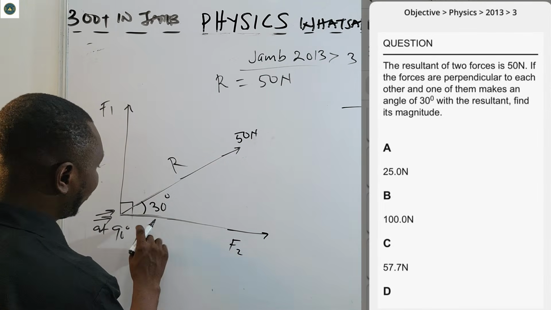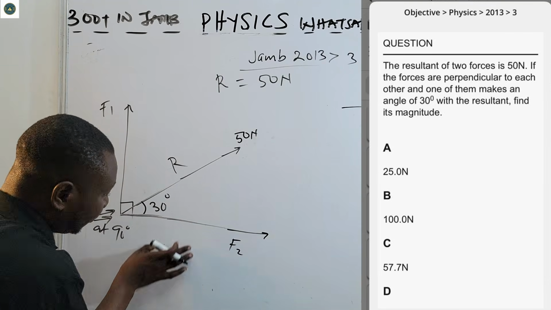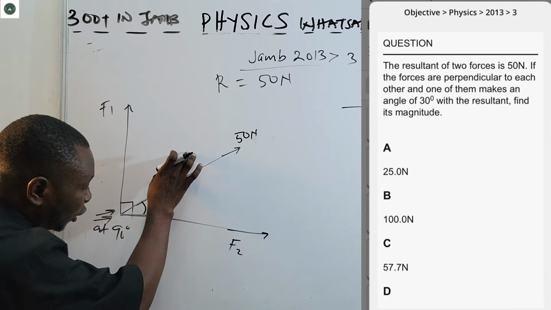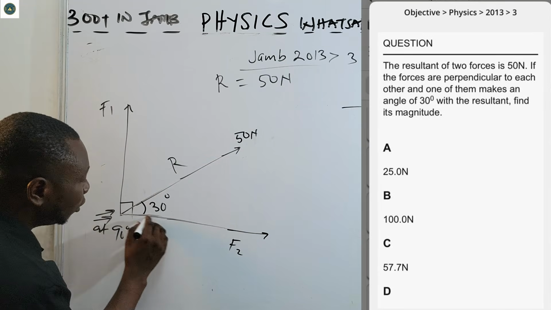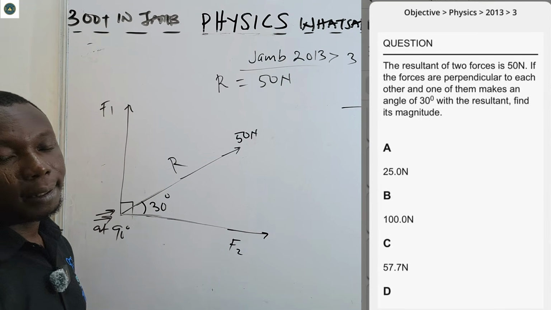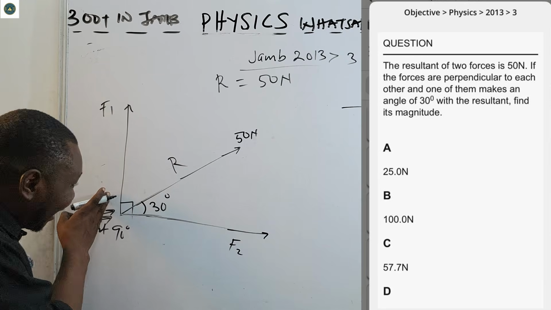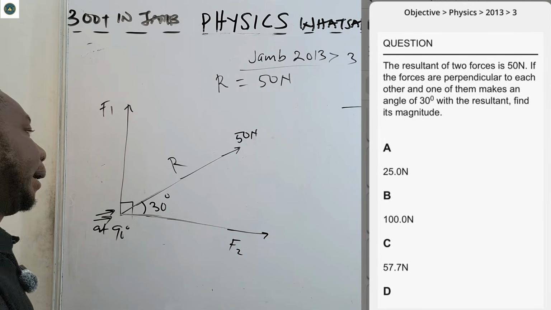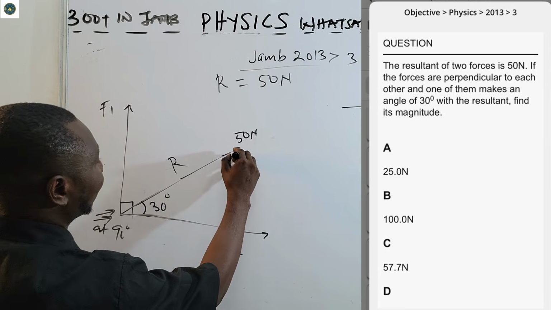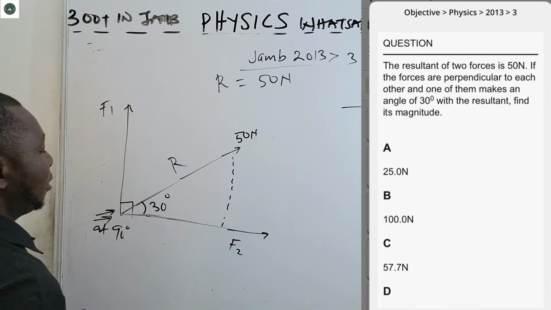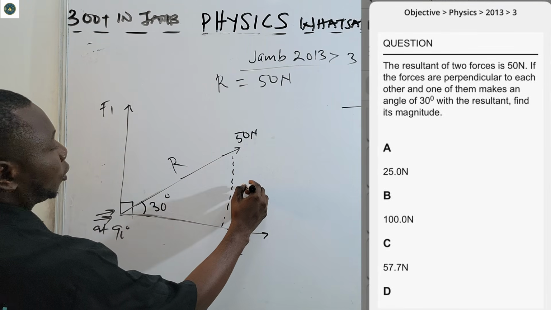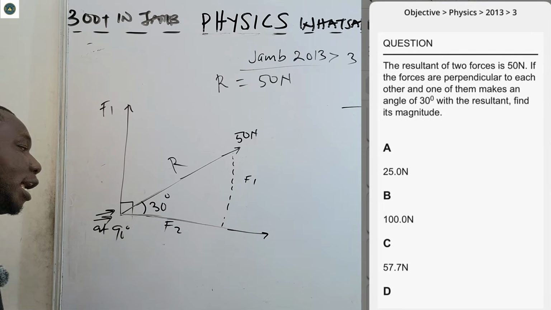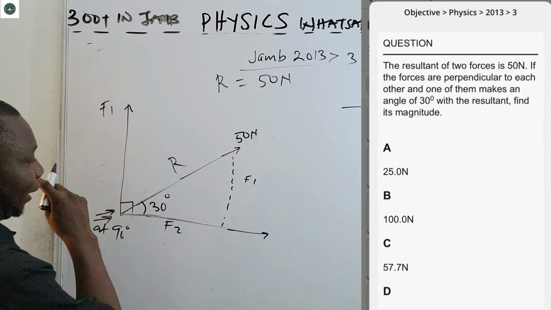F2 makes an angle of 30 degrees to the resultant in relation to the horizontal. 60 degrees is in relation to the vertical. So definitely I can decide to cut here. If I cut here, this becomes F1, and here is F2.